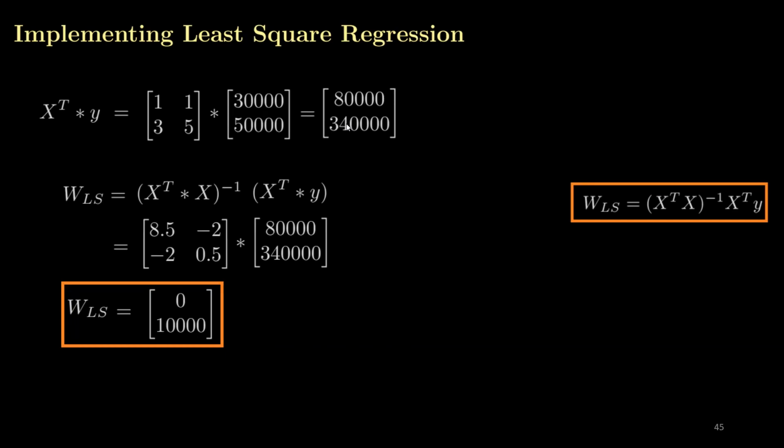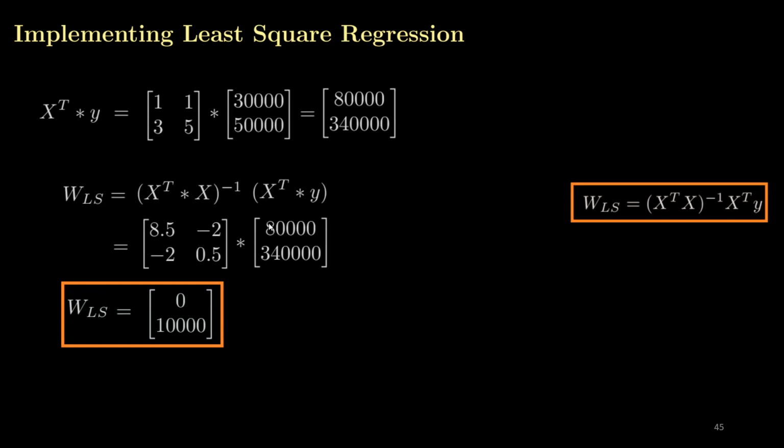Now, the last step is to multiply the inverse of X transpose X with X transpose into Y. So we have to multiply these two matrices. We have already calculated this matrix, which is here, and we have already calculated this matrix X transpose times Y. If we multiply these two matrices, the multiplication is possible because the number of columns in this matrix is 2 and the number of rows in this matrix is 2.